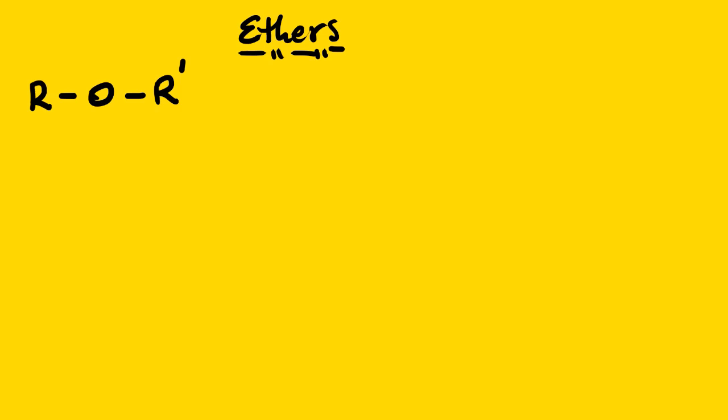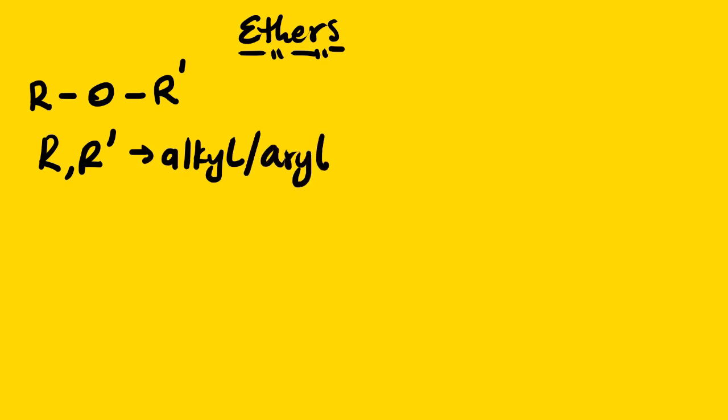So ethers can be easily identified using this formula, whereby R and R' can be alkyl groups or aryl groups, meaning that we have this oxygen atom separating two alkyl groups or two aryl groups, or we can have an alkyl and an aryl group in one compound.